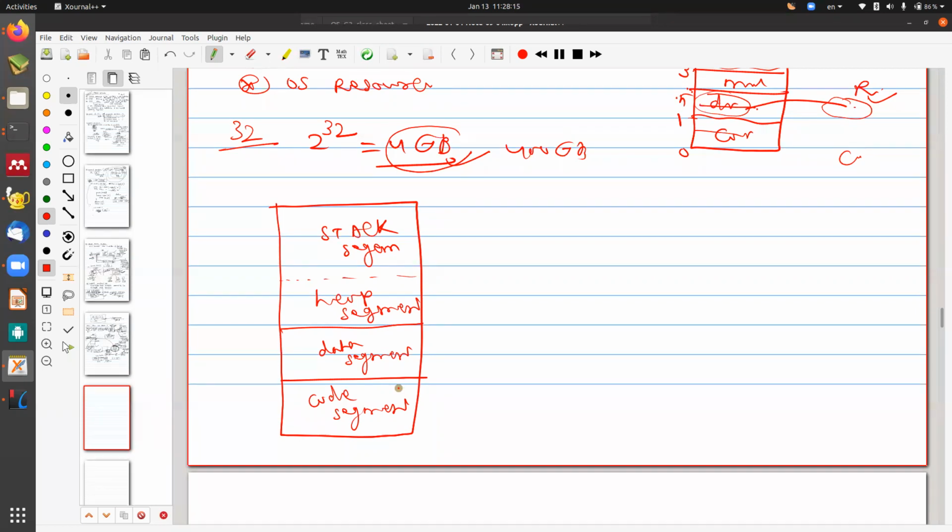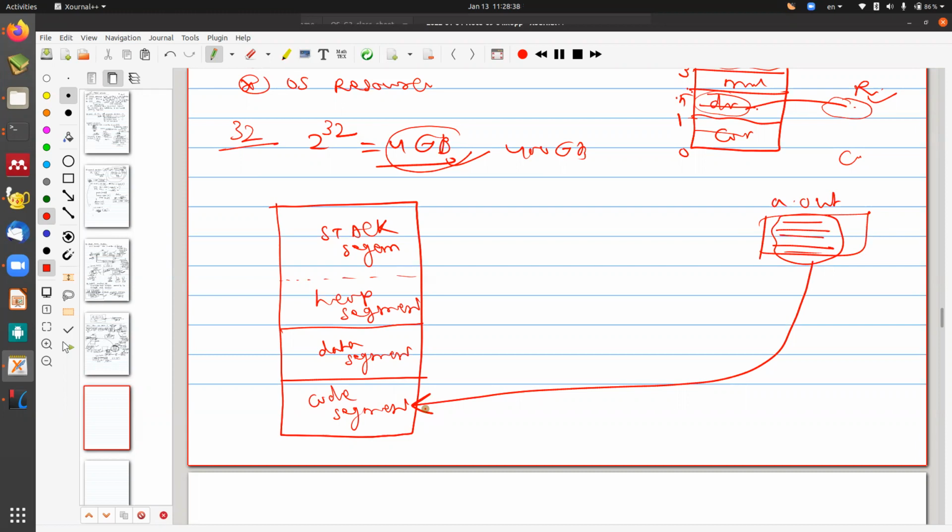And what is this code segment? Since your a.out must consist of a certain set of instructions, and this is my actual code, that code will be placed here in the code segment. Now tell me, does your code segment size have to change or is it always fixed throughout the program?